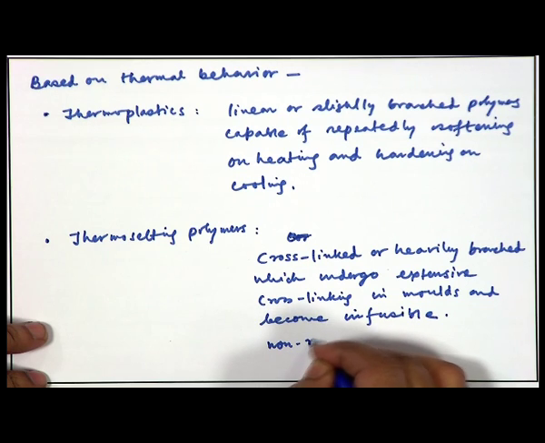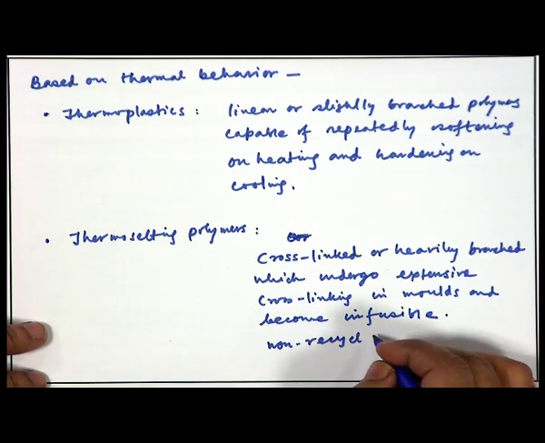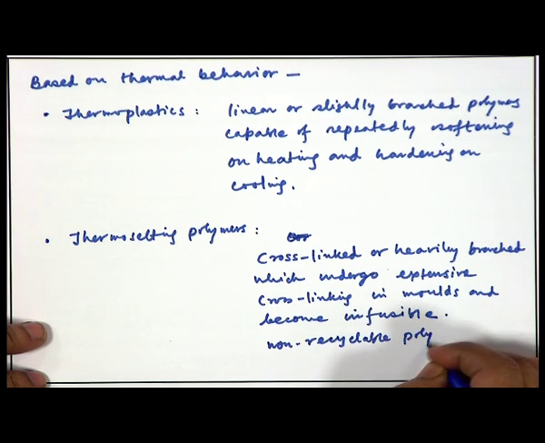But because the polymers are now heavily cross-linked, you cannot redo the same thing, you cannot re-soften and make a shape out of this polymer matrix again. So, basically these are non-recyclable polymer materials.